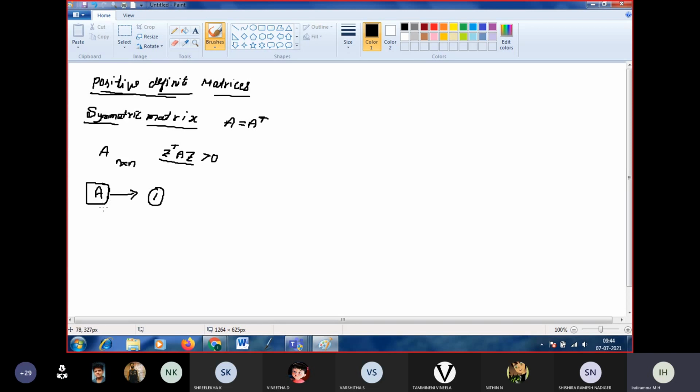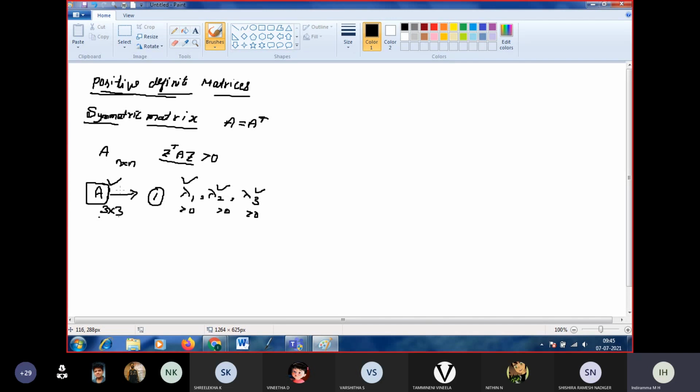If A is a third order matrix, that is 3 cross 3, a square matrix, you will get 3 eigenvalues, say lambda 1, lambda 2, lambda 3. All the eigenvalues should be greater than 0, then the matrix A is said to be positive definite.